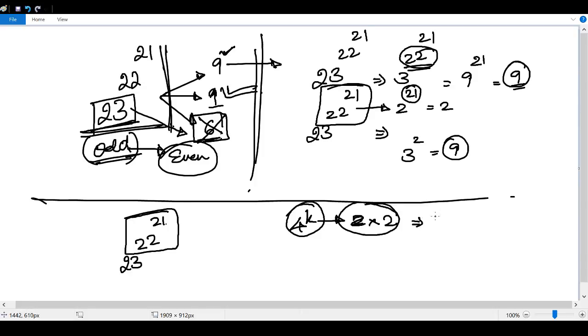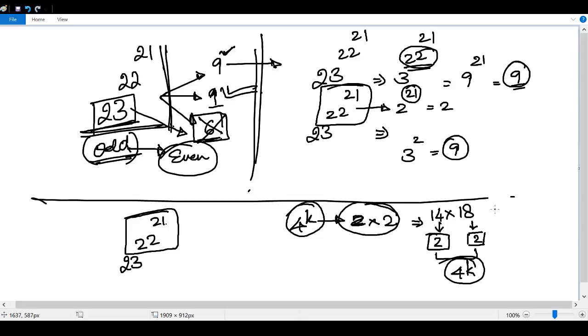Which means if I have to multiply 14 with 18, this is an even number, which means it is a multiple of 2. This is also an even number, which means it is also a multiple of 2. When I multiply both of them, this product will now be a multiple of 4.